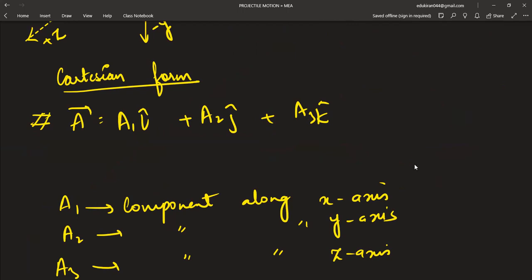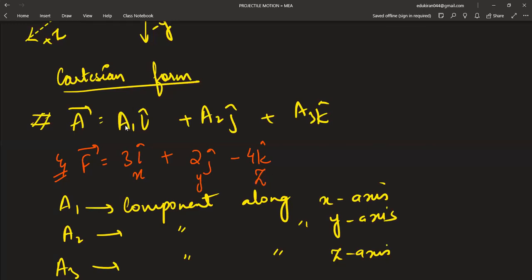How was the exam? See, for example, if a force is given as 3 I cap plus 2 J cap minus 4 K cap. So this is how the vector is written in Cartesian form in terms of the x-axis, y-axis, and the z-axis.